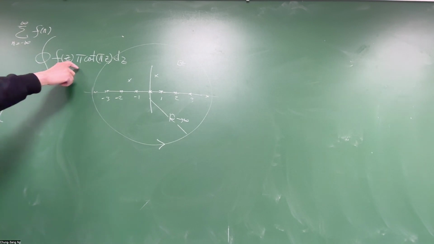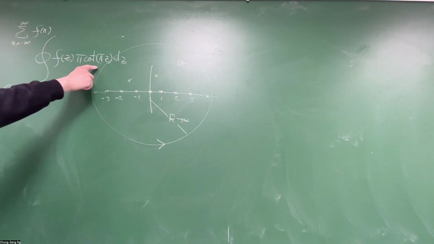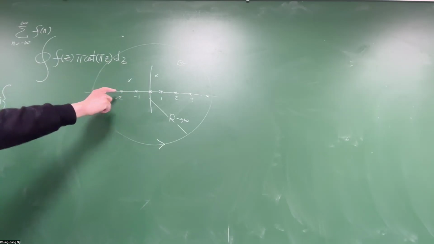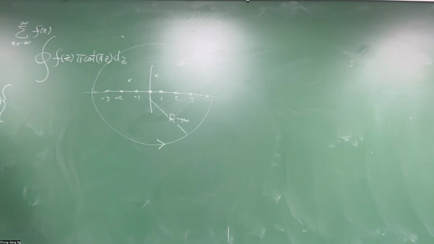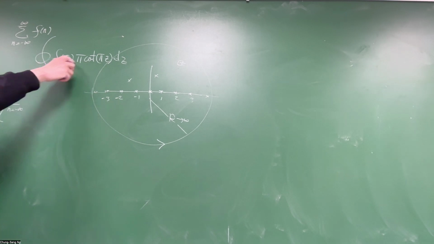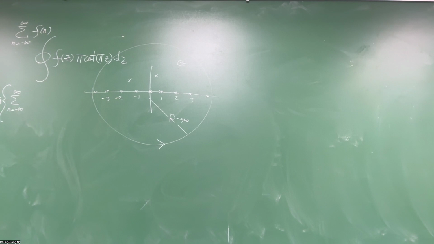So the first is the residue of the whole thing at the zeros of sine, so at all the integers. So basically a sum over all the integers. Now you can use the result from one homework question.